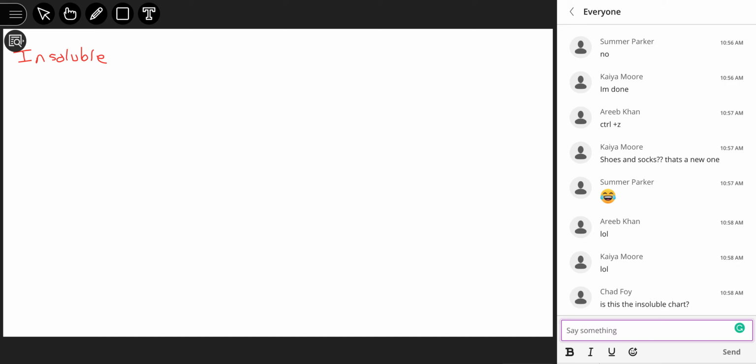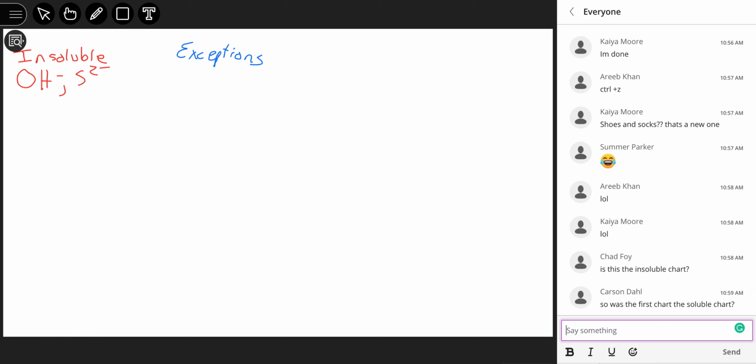Okay, thank you. I'm glad you pointed that out. You're welcome. Yeah, that wouldn't make any sense. Lithium's soluble unless it's with itself. In which case, no, that would be crazy. That's what I was writing. The soluble chart was the first one. So everything I wrote in blue, soluble.